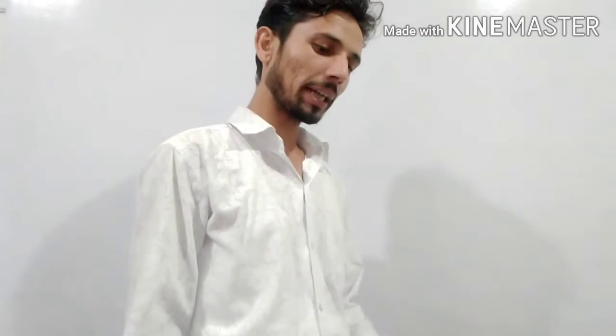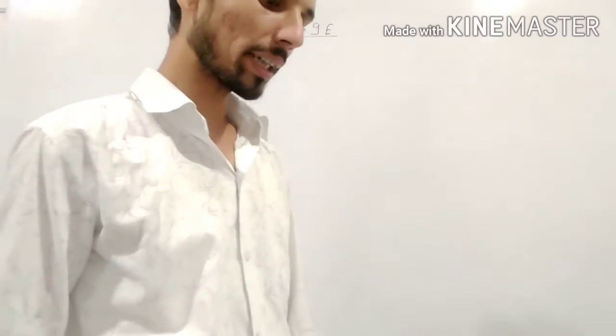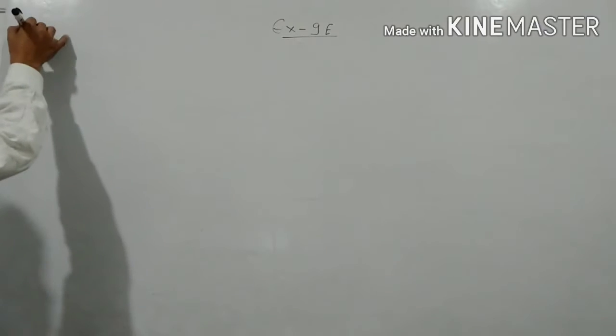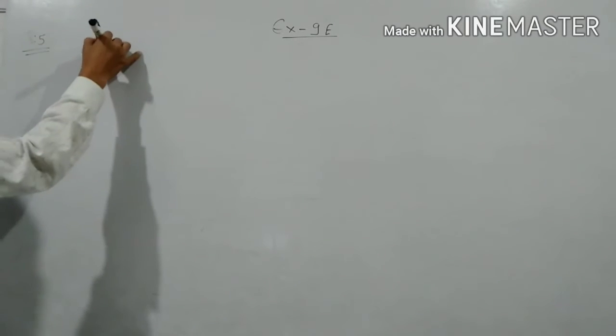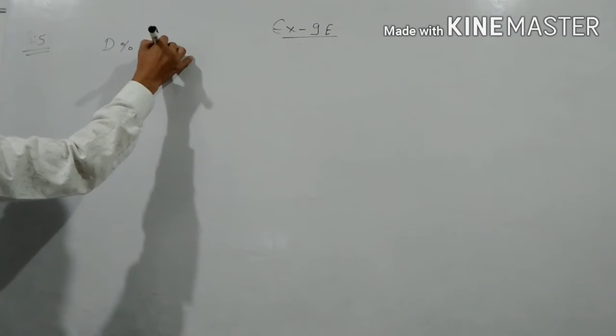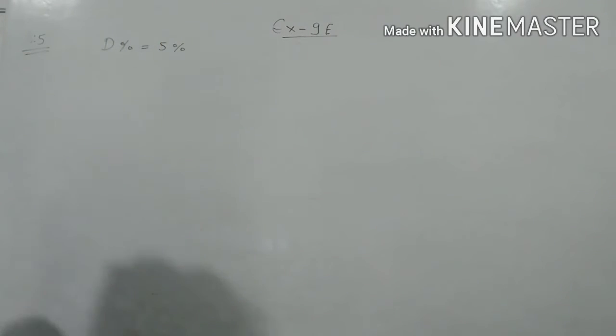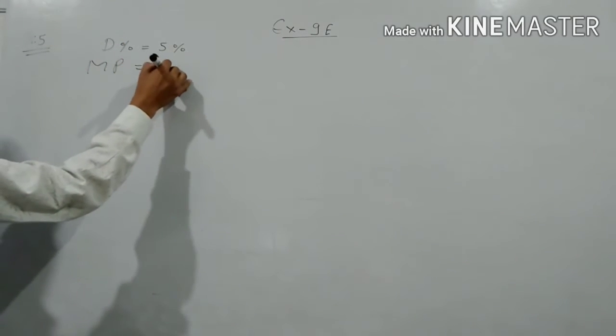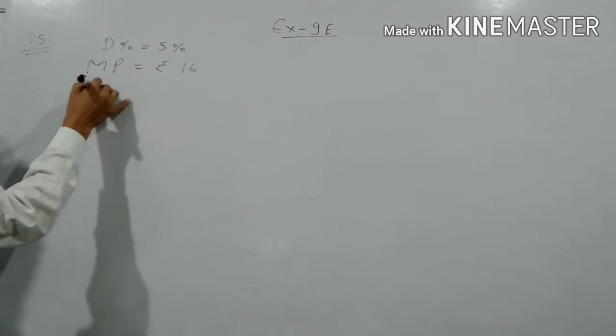Question number 5. A shopkeeper gave a discount of 5 paise in 1 rupee on a commodity whose market price is 16 rupees. Find the percentage of discount and the selling price. A shopkeeper gives 5 paise as a discount on 100 paise. So discount percentage is 5%. MP is 16 rupees. It is asking about selling price.